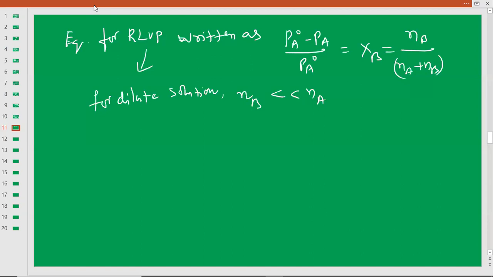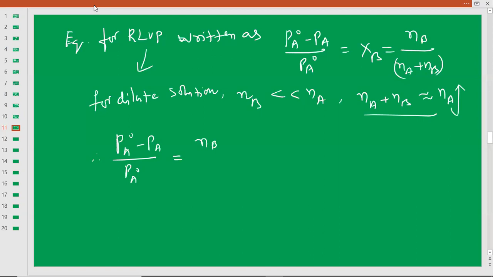In that juncture, you can write Na plus Nb is approximately equal to Na in the above expression. Means how does the RLVP change? (PA naught minus PA) by PA naught is equal to NB by Na.